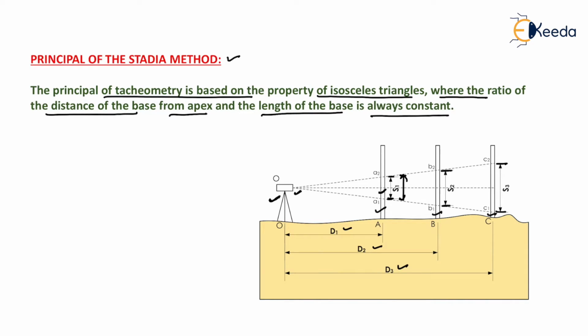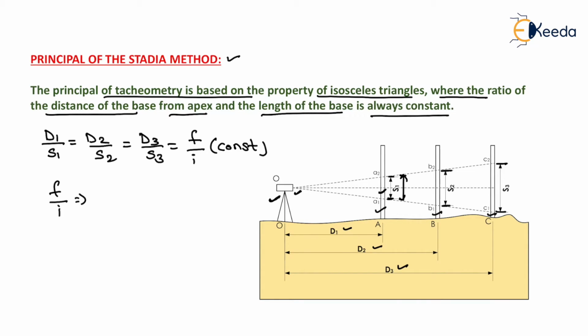It means that according to the stated principle, D1 upon S1, where D1 is the distance of the base from the apex and S1 is the length of the base, is always constant. So D1 upon S1 equals D2 upon S2 equals D3 upon S3, and it will always equal f upon I, which is a constant. Here f upon I is nothing but the multiplying constant.